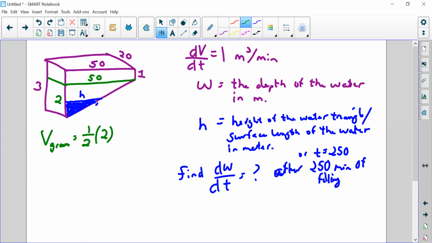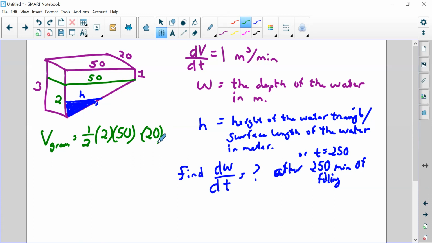So I got 1/2 times 2 times 50, and then you times that by your depth, in this case the width of the pool, which would be 20. And that gives you volume: area of the base times how many slices of those you have. You have those 50 meters deep.